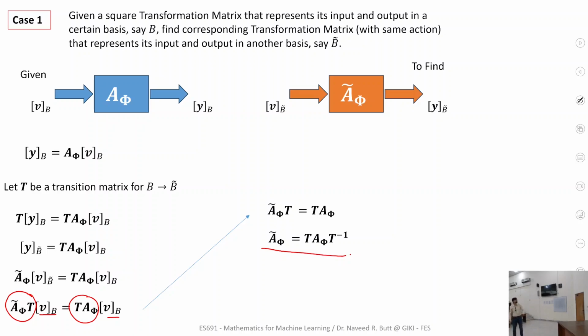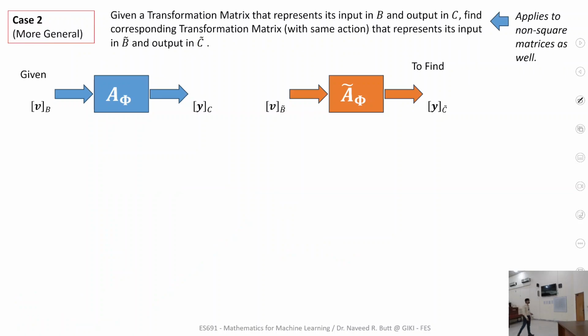Right now we know that T is invertible. Why? It's a transition matrix. Do you remember what the transition matrix was, what we derived earlier, from the representation of the basis. So this is how it is. Now let's do the general case. I was telling you about the general case. We say that I know there is a transformation matrix that works on VB and gives YC, Rn to Rm, general.